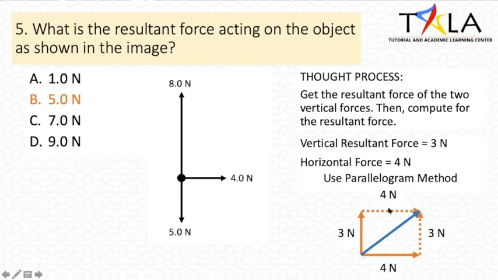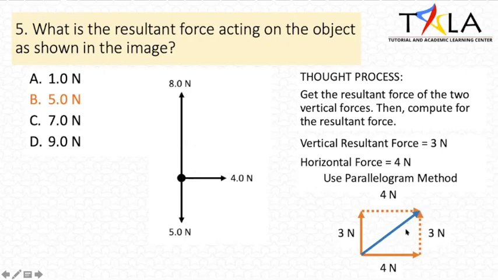Iko-close lang natin yung loops. So, horizontal, mag-drawing tayo on top. So, dapat 4 newtons rin. And dito, 3 newtons sa vertical. So, kung mapapansin nyo, we were able to draw a parallelogram. Alright? Next, how to solve for the resultant force, kailangan lang nating i-calculate itong diagonal na to.